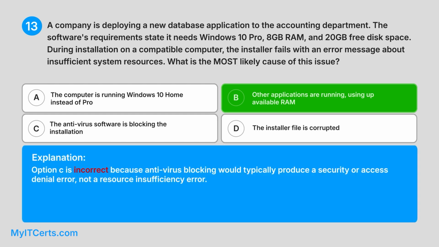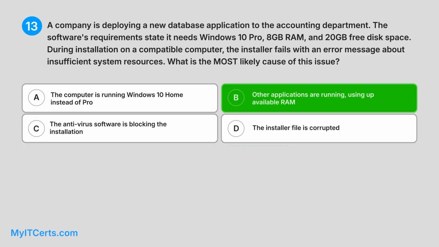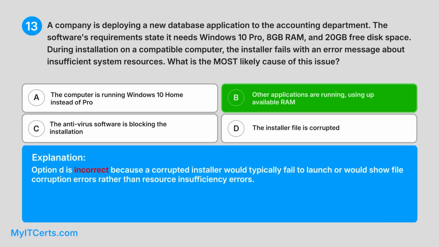Option C, the antivirus software is blocking the installation, is incorrect because antivirus blocking would typically produce a security or access denial error, not a resource insufficiency error. Option D, the installer file is corrupted, is incorrect because a corrupted installer would typically fail to launch or would show file corruption errors rather than resource insufficiency errors.